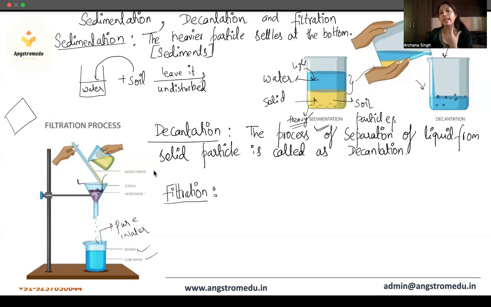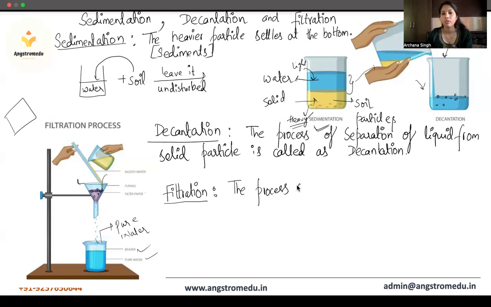Or you can say you have taken muddy water, with a very small amount of soil mixed in the water, and left it undisturbed for some time. Then you pour that water into the filter paper, and the process of doing this with the help of filter paper is called filtration.